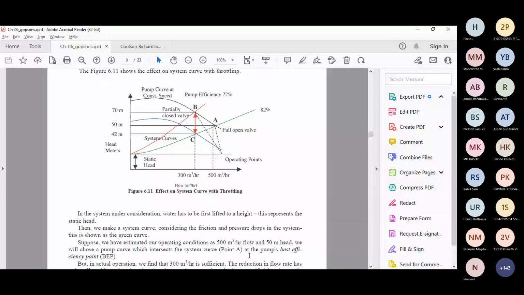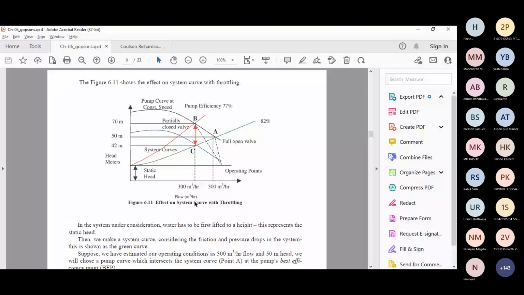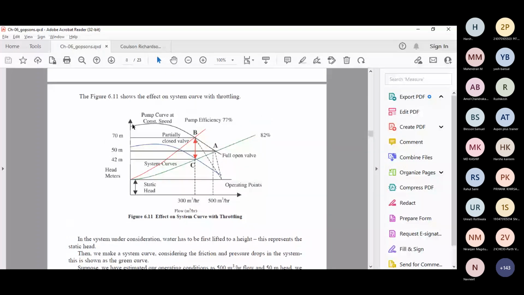So we will choose a pump curve which intersects the system curve at point A at the best efficiency point, right? This one is the head and flow rate curve. So now we will select a system curve in such a way that at point A we will get the best efficiency, right?